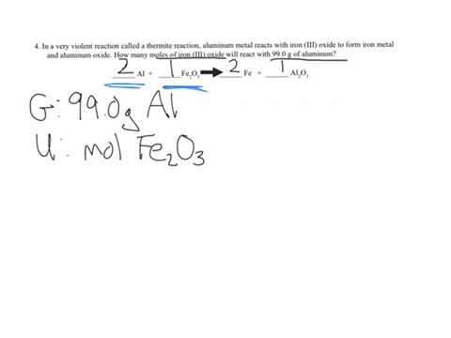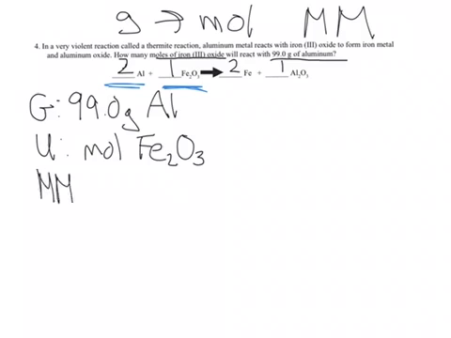And as we know by now, whenever you are going from grams to moles, you need a molar mass. So this problem requires a molar mass and a mole ratio. All right. We have two substances in the problem, aluminum and iron 3 oxide, and you may be thinking, how do I know which molar mass I am going to be using?